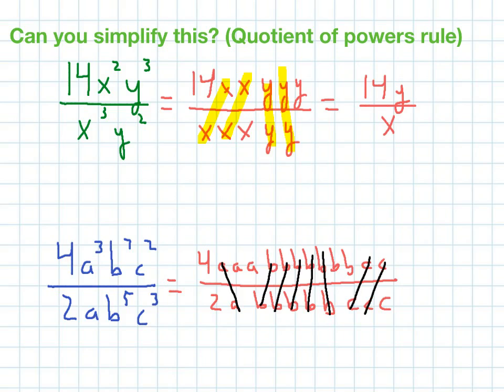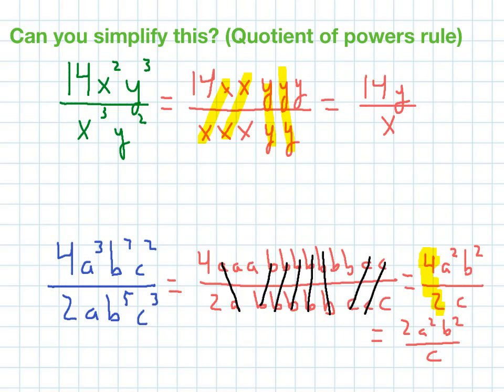I can take out 2 of those. And now I'm looking for what's left over. So what I see here is 4a to the second power b to the second power over 2c. I'm not quite done though, because I do still have the 4 and the 2, which can be simplified. So my final answer here would be 2a squared b squared divided by c.